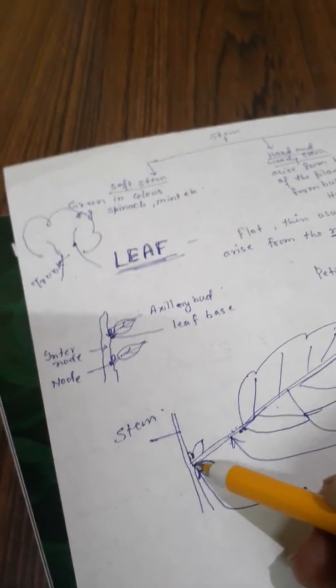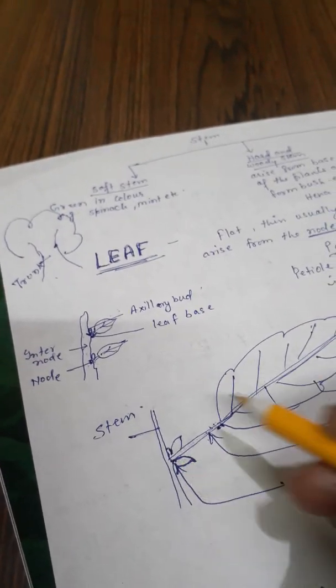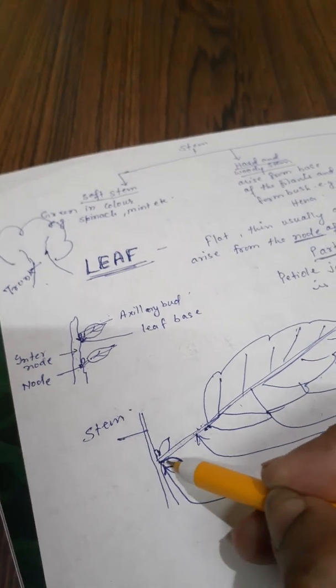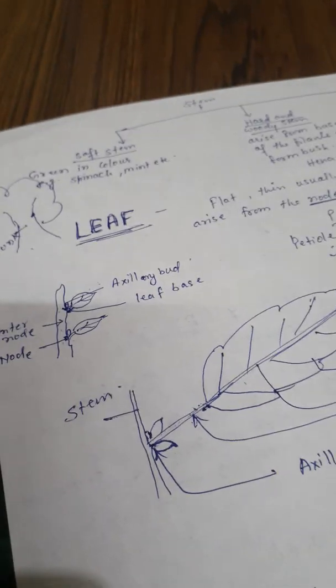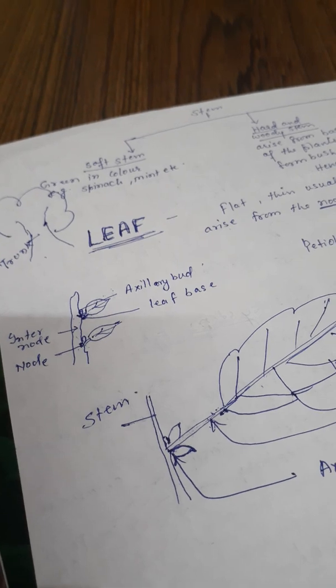This is the axil. This axillary bud arises from this point. This is called axillary bud.